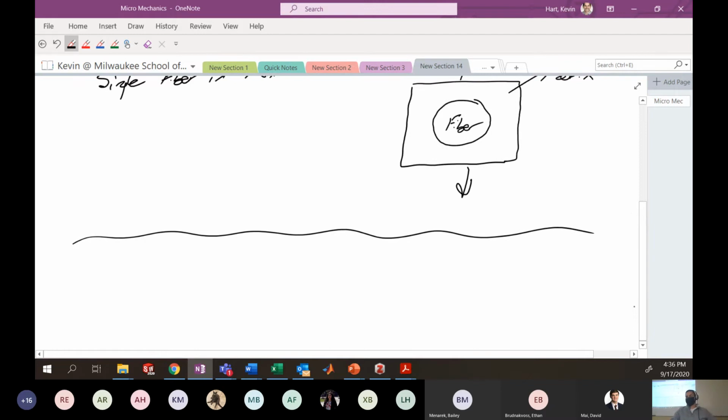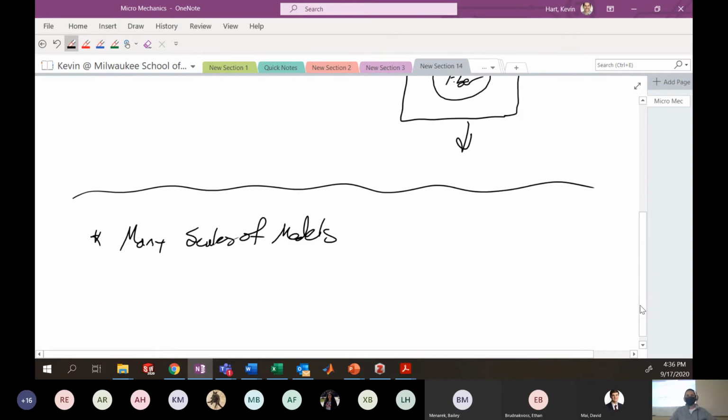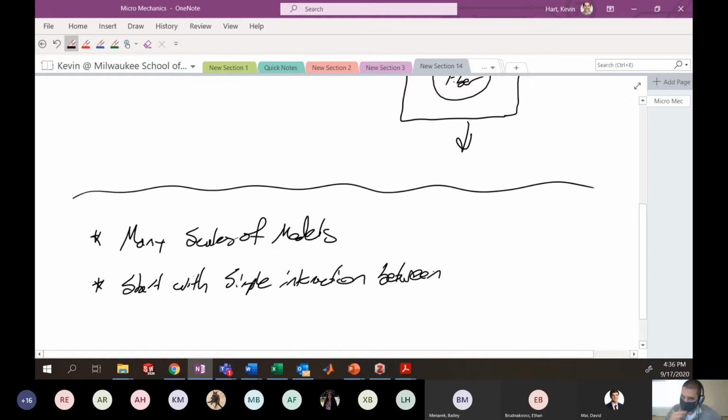Like I said, this can be analyzed on many scales, and we choose to start at the smallest level. And so we're going to start with the simple interaction between a single fiber and surrounding matrix.